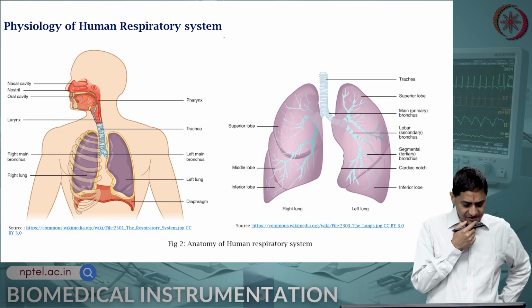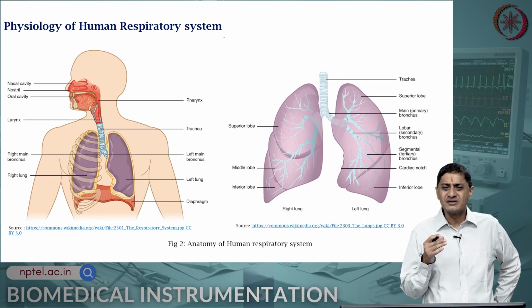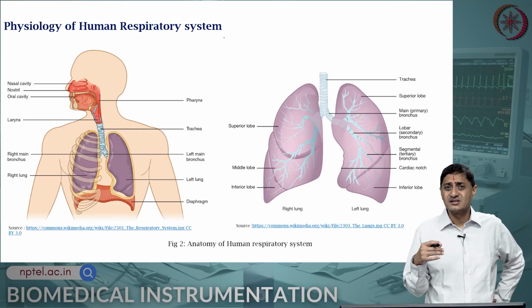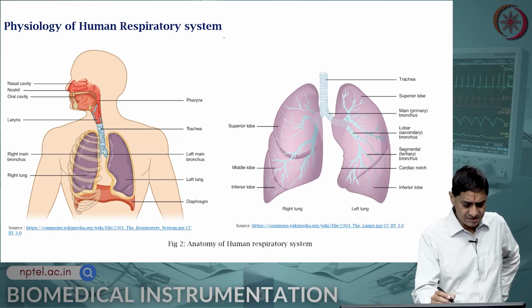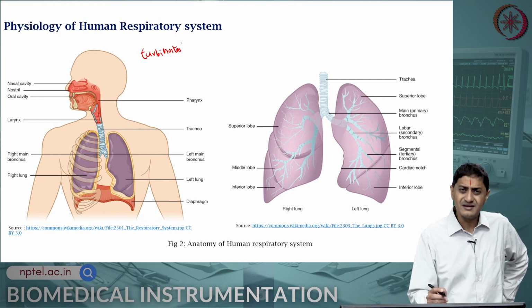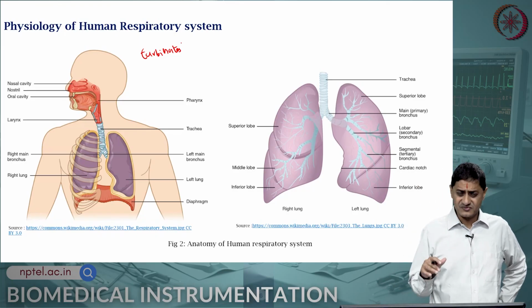The nasal cavity is essentially an air conditioner for air, and filters out large dust particles, because there are these turbinates that are used to filter out relatively larger particles.